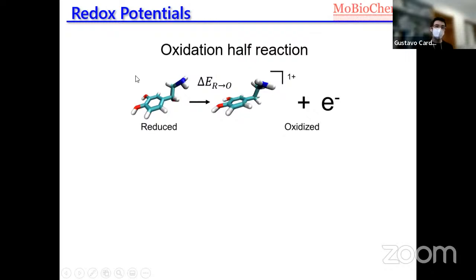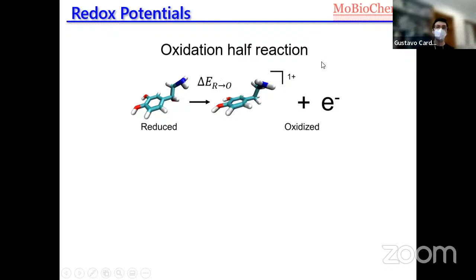We're going to study this molecule, which is called noradrenaline, the molecule you actually have to work on in the first exercise with Vito in the nice introduction to classical molecular dynamics. So what we're going to do here is study its oxidation process, basically the loss of an electron by this molecule. It's quite a simple reaction.